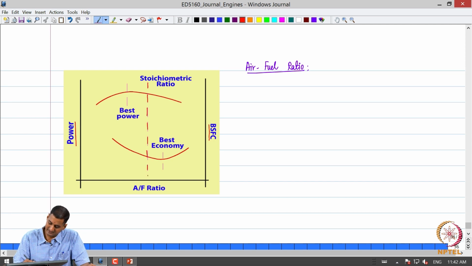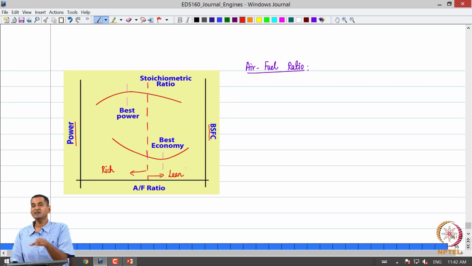If you look at the stoichiometric mixture, this vertical line indicates the chemically correct air fuel ratio. To the left of this we have a rich mixture, and to the right of this we have a lean mixture, because we are plotting air fuel ratio. An air fuel ratio lower than the stoichiometric ratio implies a rich fuel air mixture, and vice versa for a lean mixture.